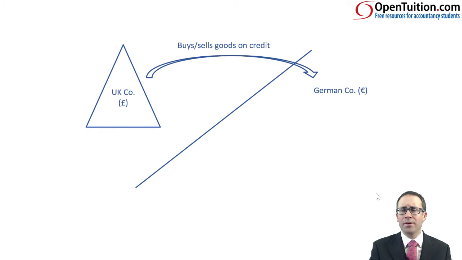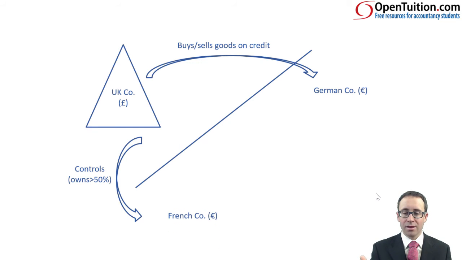Then the third and final bit that we'll consider is whereby that UK company has control. So it owns greater than 50% of the voting rights, and therefore it has the power to direct the activities of, here, a French company, a company that has the euro as its functional currency. As that company is a subsidiary because it is controlled, before we consolidate the results of the overseas subsidiary with that of the parent, we'll need to look at what the group financial statements are prepared in.